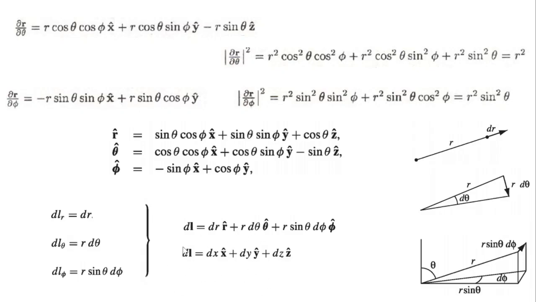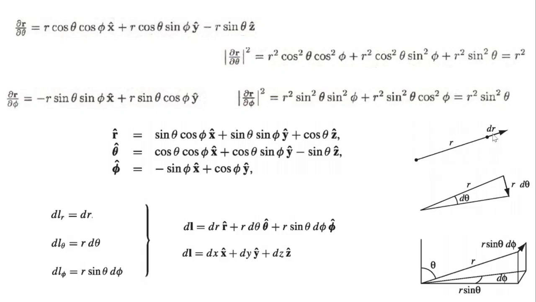In the Cartesian coordinate system, a small element of displacement dl is typically written as dx x cap plus dy y cap plus dz z cap, where dx is the displacement along the x direction, similarly y direction and z direction. Now in the polar coordinate system, you need to calculate a small element of displacement along the r direction, similarly along θ direction and φ direction. I call them dl_r, dl_θ and dl_φ.